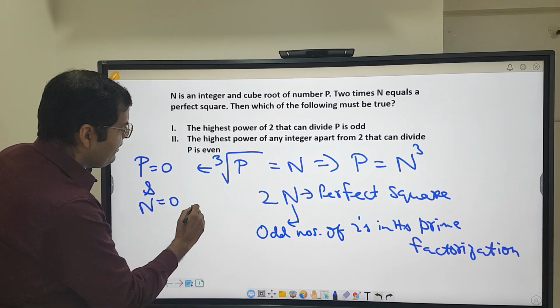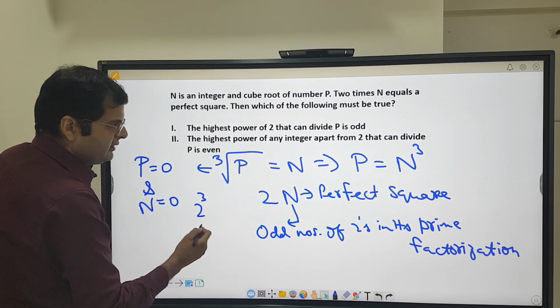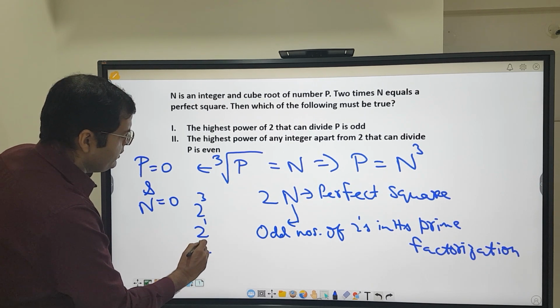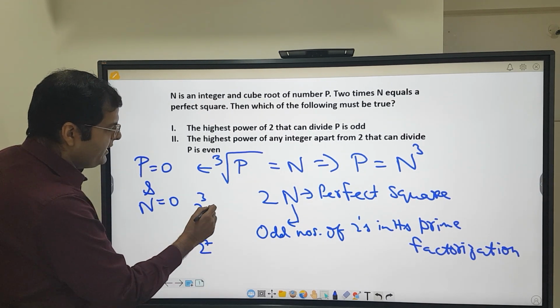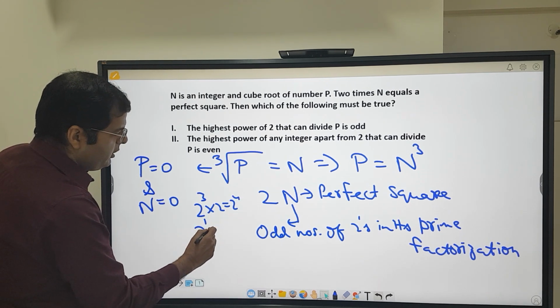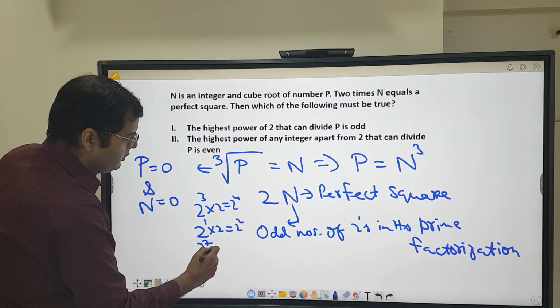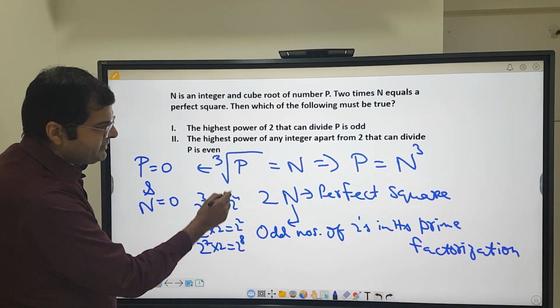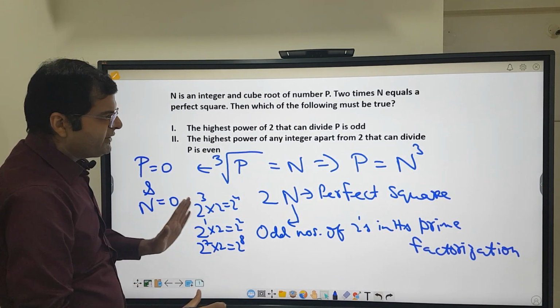So n can have 2 raised to 3, or 2 raised to 1, or 2 raised to 7. Only then, if I multiply this by 2, 2 raised to 3 into 2 is 2 raised to 4, 2 raised to 1 into 2 is 2 raised to 2, 2 raised to 7 into 2 is 2 raised to 8. When the power becomes even, only then can you get a perfect square.